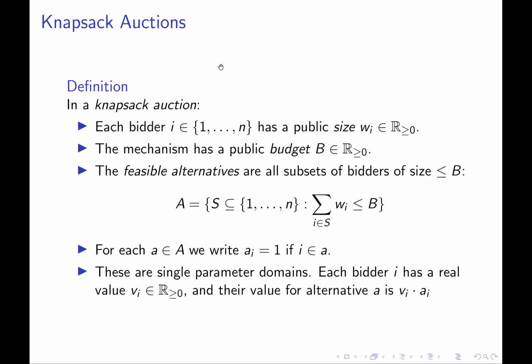That's just some number v_i. That's the thing that I'm ultimately going to want to incentivize them to report truthfully to me. And their value for alternative A is just v_i times A_i, which is just another way of saying if bidder i is a winner, then they get value v_i, otherwise they get value 0.